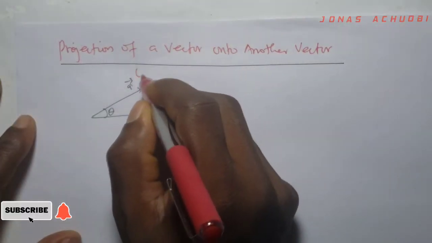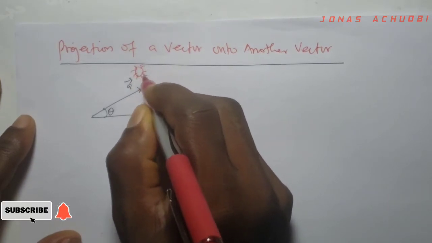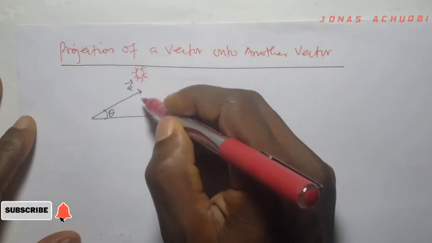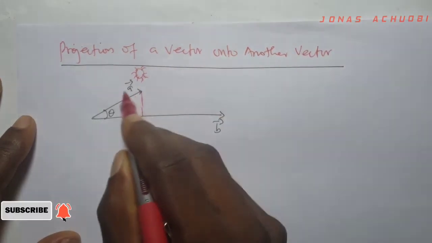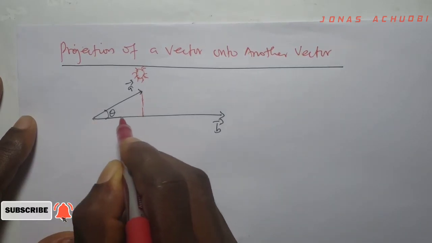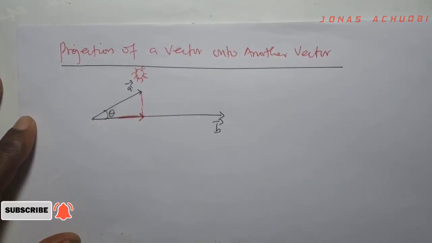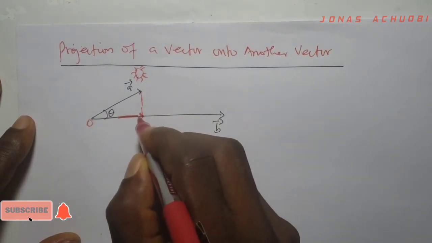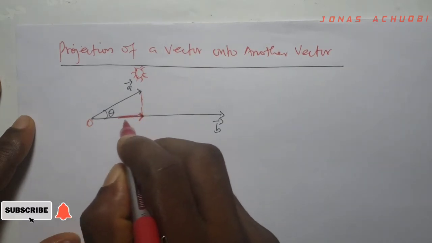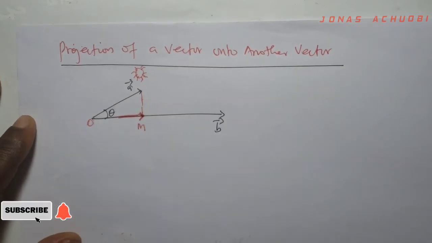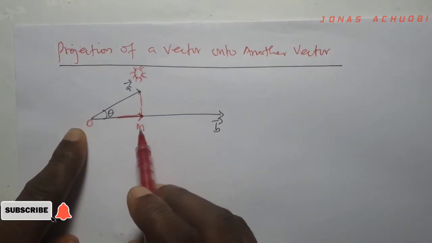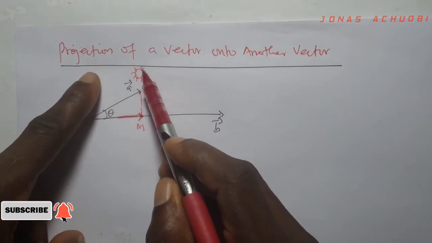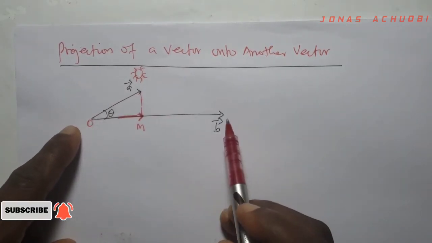Imagine for a second that there is a sun ray directly above vector A. Now what we would expect is that this sun ray will cast a shadow of vector A on vector B. So I call the initial point O and the terminal point of this shadow M. Then OM is a shadow of vector A, cast by the effect of this sun ray on vector B.